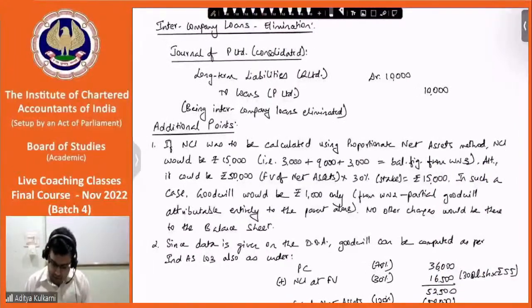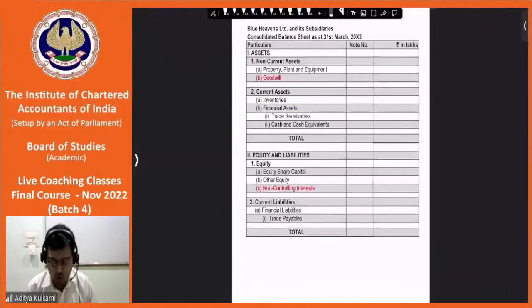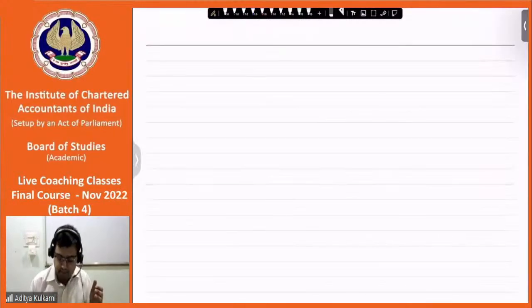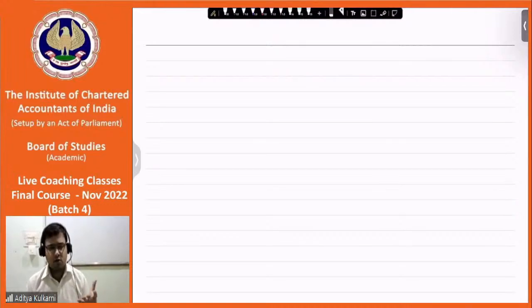But you have to remember one thing, that this whole thing, right from drafting the consolidated balance sheet to preparing the notes, working notes, additional adjustments, all these things should be completed within a span of 25 to 30 minutes. Only then you will be able to successfully complete your paper.